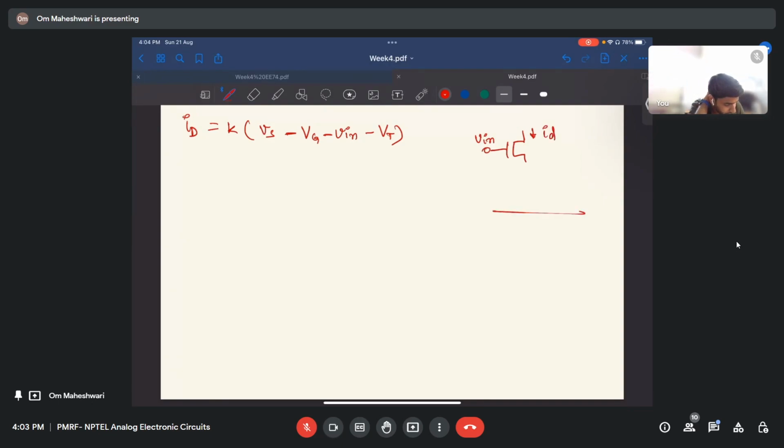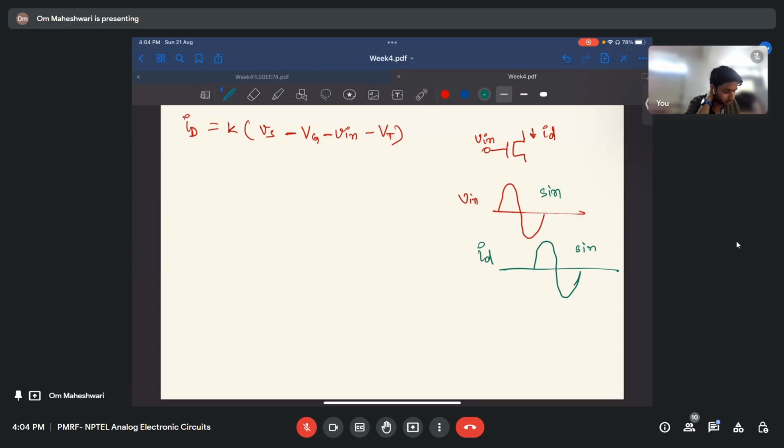So for this Vn, some AC ID is flowing, which, if it is sinusoidal, will also be a sine, right? But the phase may be different. So from here directly we can see that Vn has this minus term. So if I increase Vn, ID will decrease, right?